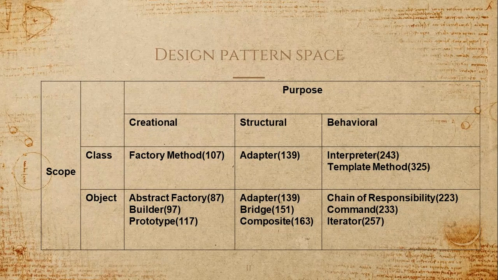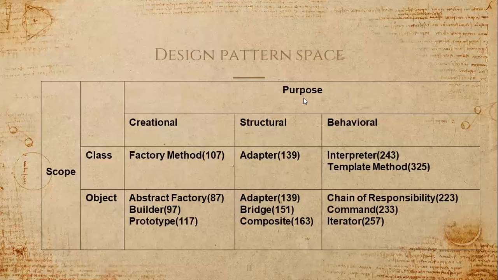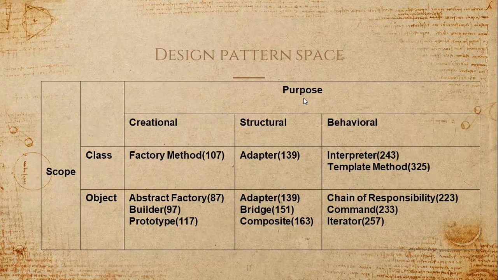So, as we have seen, there are two criteria by which patterns are classified. One is purpose and the other one is scope. Here the first criterion, purpose, has creational, structural and behavioral purpose.